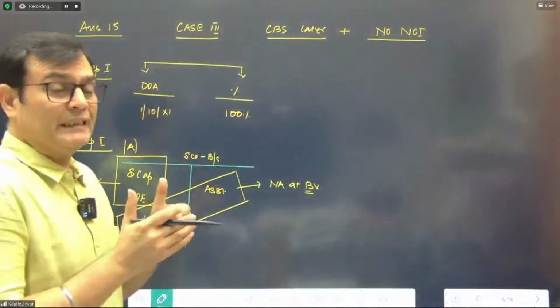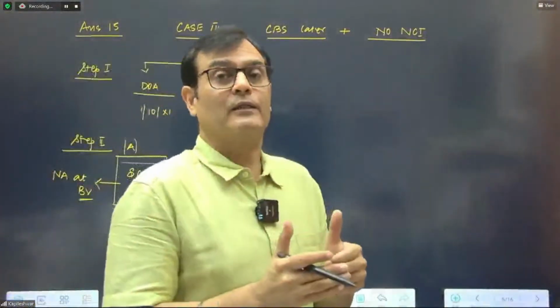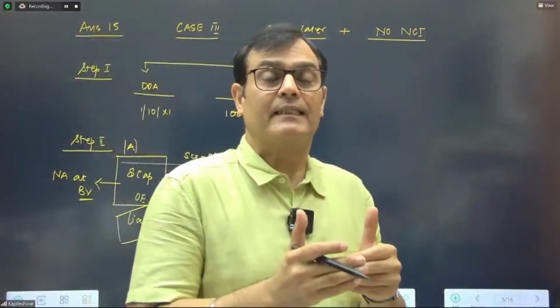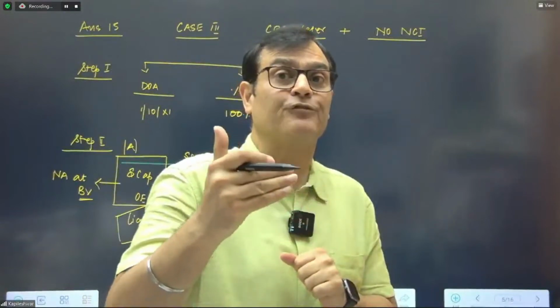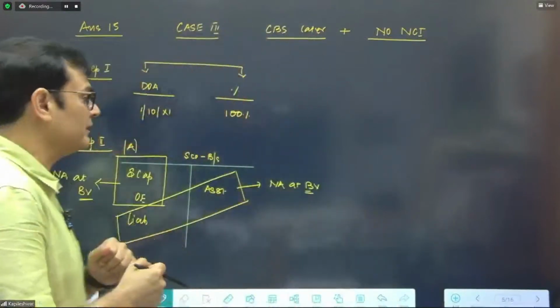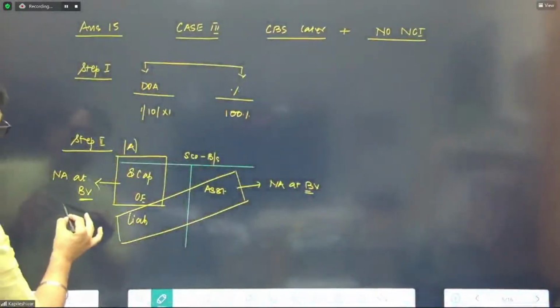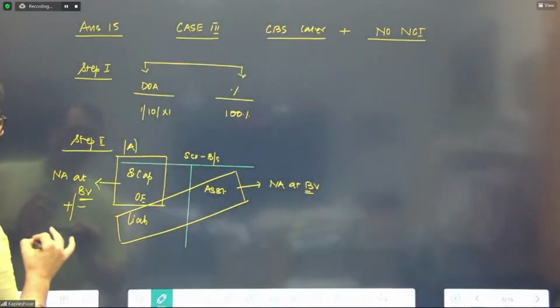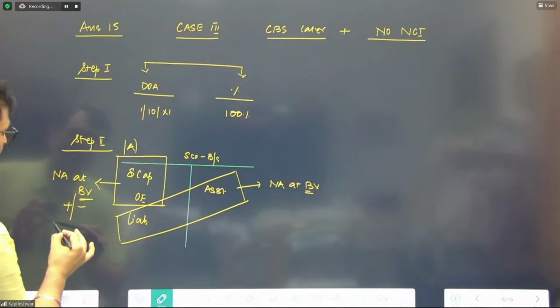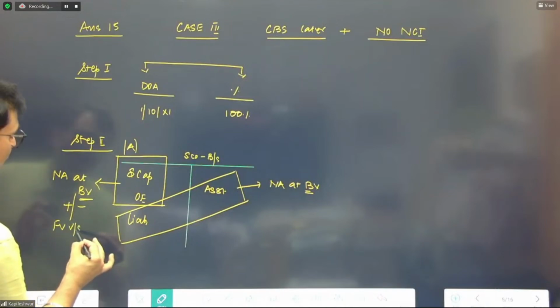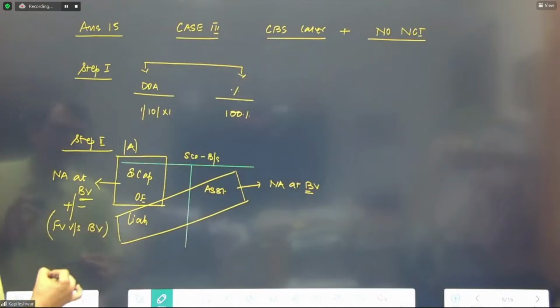But for the goodwill calculations and even for the NCI calculations, we need net assets at fair value. So in this case, you need to add or reduce, whatever the case might be, whatever is the difference between the fair value and the book value. I think that makes logical sense.